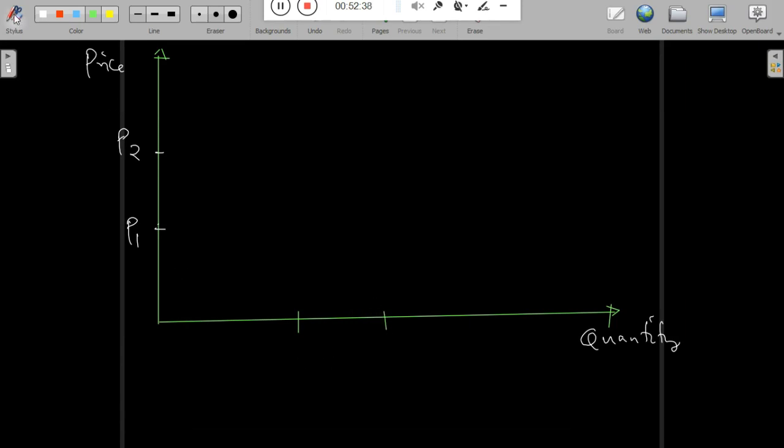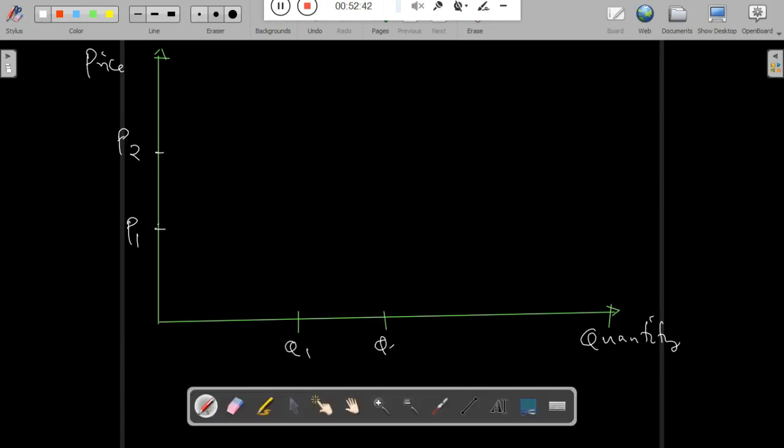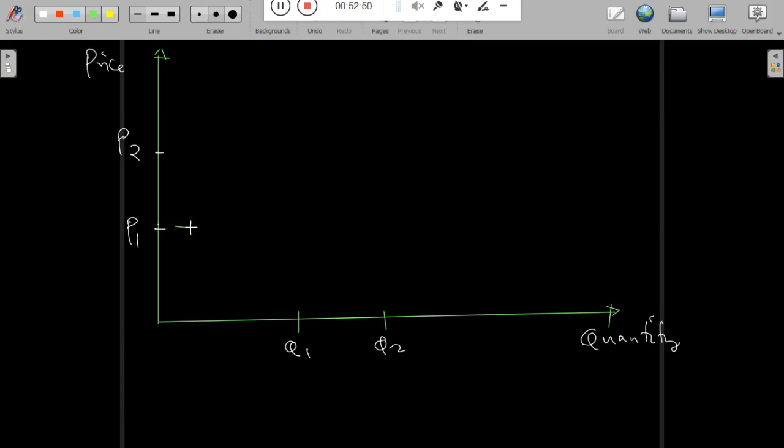For example, when you sketch this graph, suppose we have the price on the left-hand side and the quantity on the x-axis, the horizontal line. Suppose we have the first price, P1, and the second price, P2, and also the first quantity, Q1, and another quantity, Q2.